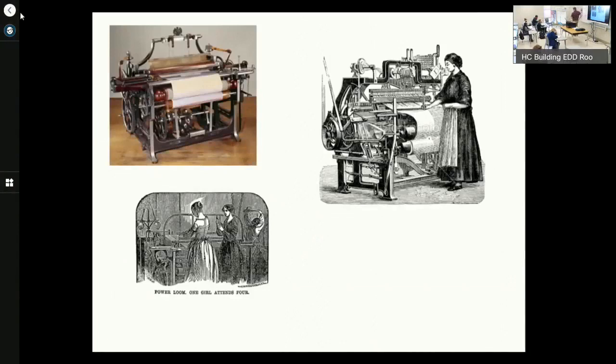Short staple cotton is the perfect fiber for these machines. And it will grow abundantly in many parts of the world. You can grow it in India, you can grow it in Egypt, and of course, where else can you grow it? The Americas, specifically the South.